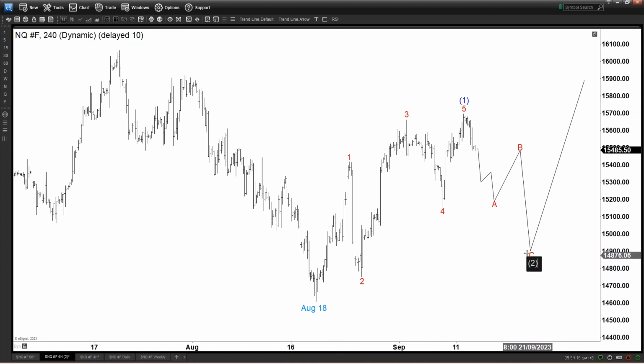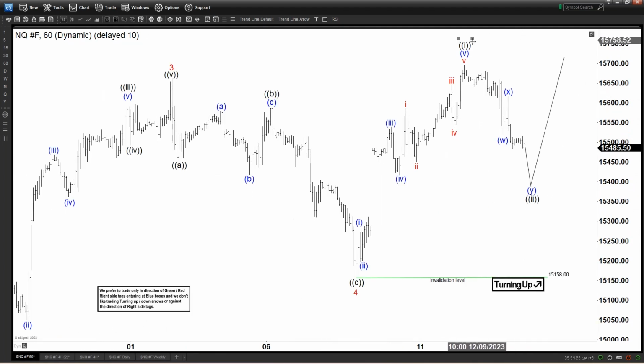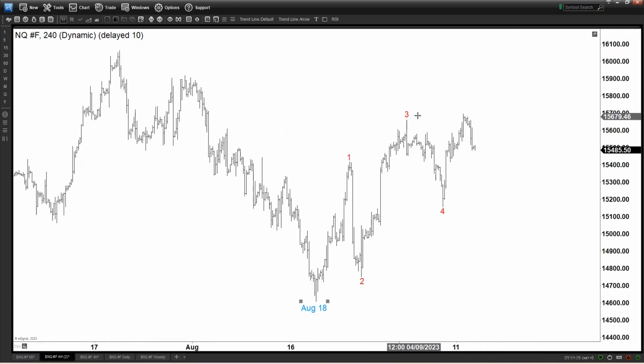And then the primary count of what we are showing here for now is that we might still extend higher within 5. So in this current view, the pullback is not going to be a bigger pullback. The pullback is still within wave 5, so the pullback is only correcting this wave 1 here. And then we have a 3, 4, 5 coming up, as long as we stay above here.